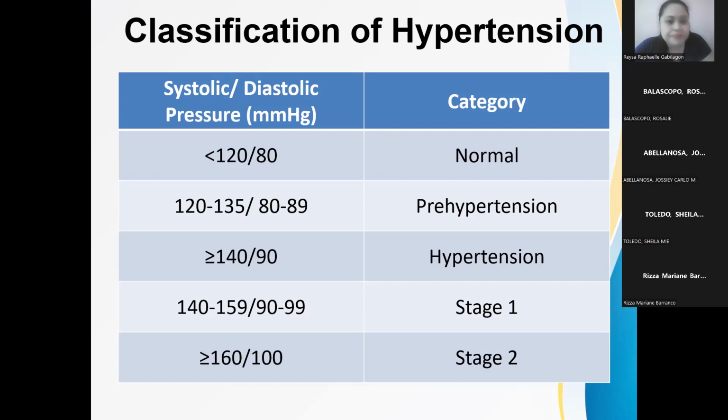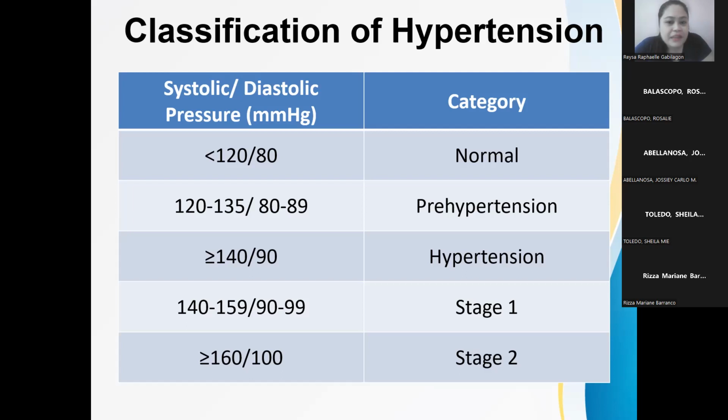Now, take note, if you have a blood pressure between 120 to 135 for the systole and then 80 to 89 for the diastole, that is called pre-hypertension. So what does it mean? You still don't have hypertension yet, but you're going there. So again, that is called pre-hypertension.